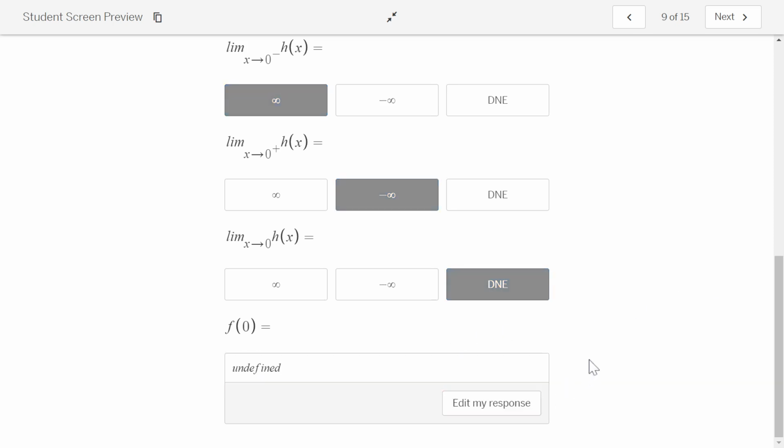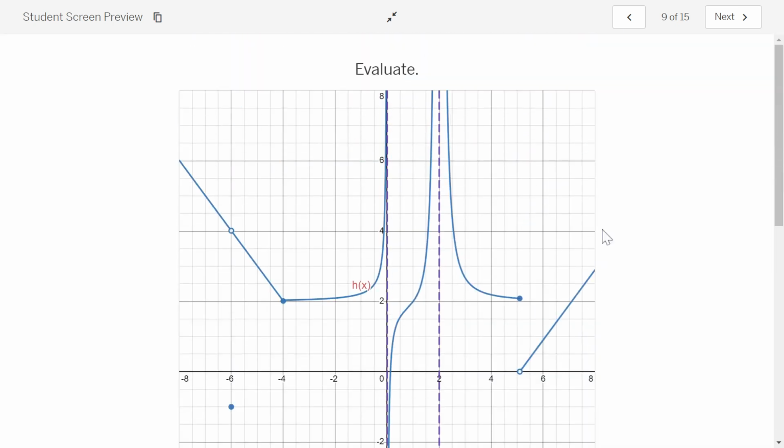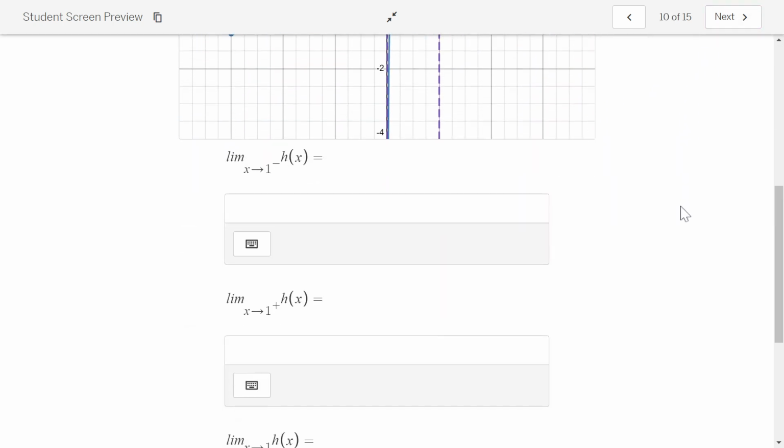Now, I won't take off for spelling and things like that, so as long as I can pretty clearly tell you said undefined, that's good. But the way I have Desmos auto grading, it's all lowercase, and so that would be helpful in terms of just making sure the auto grading is a little bit easier. So if you do lowercase, that'd be great, and spell it correctly.